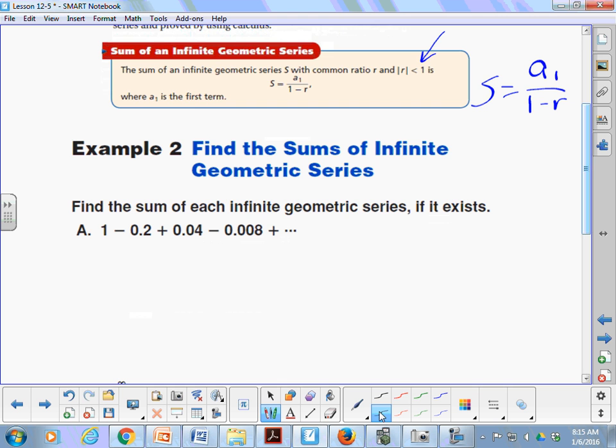So we start out and we find r. So we take two terms and divide them. Right? I'll take the first two. Pretty easy. r equals negative 0.2.